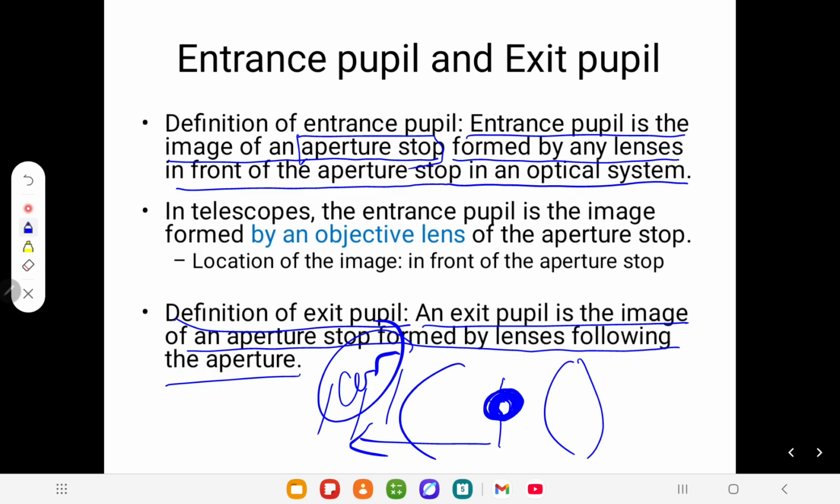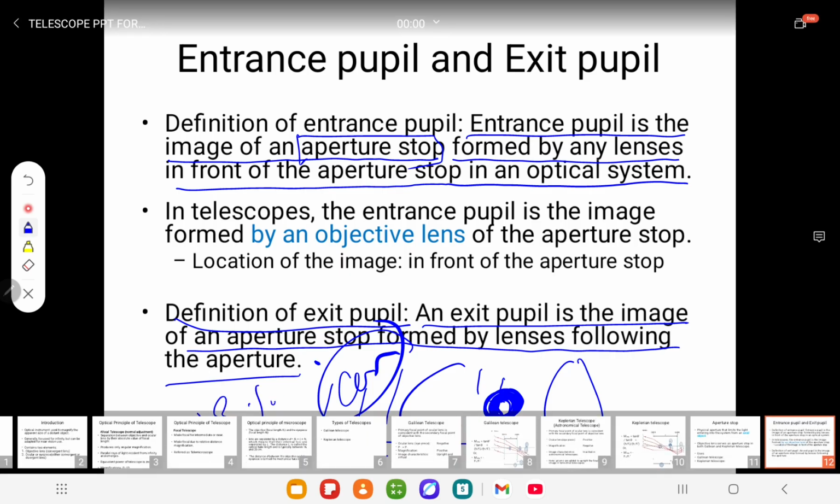In our case, the pupil is the aperture stop, and the image of the pupil made by the cornea is actually the entrance pupil of our eye. So that's why in our eye we say the entrance pupil is 13% larger, isn't it?